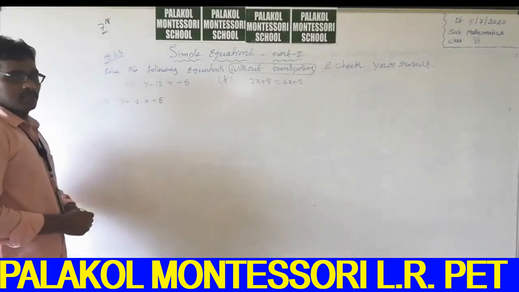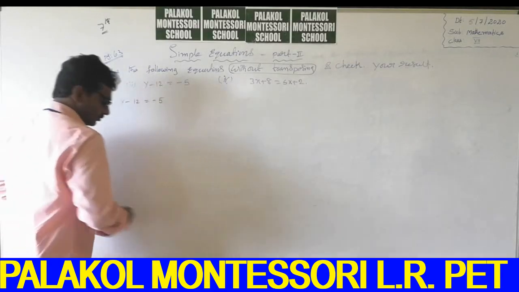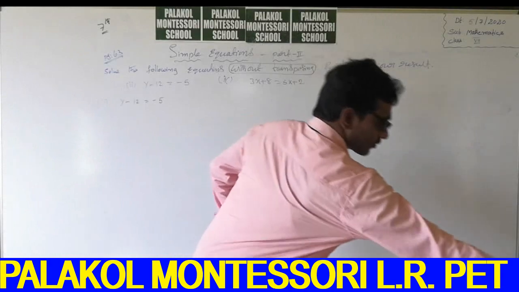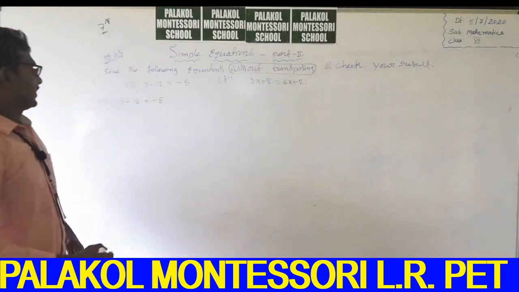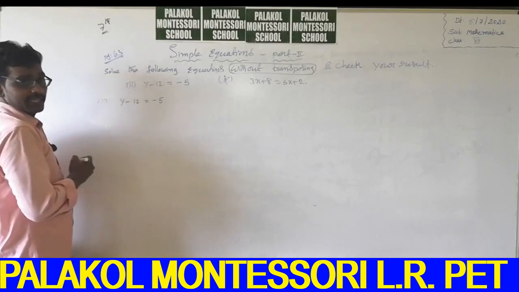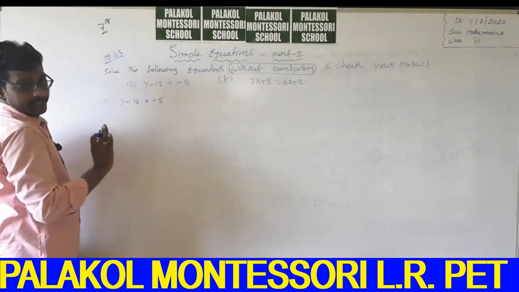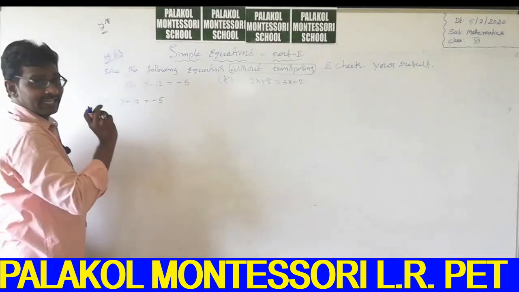Okay guys, see. Y minus 12 is equal to minus 5. Don't use the transposing method, only use the trial and error method.